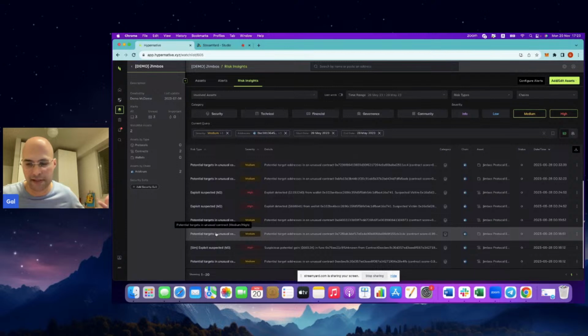We treat this problem very similarly to how we would treat malware or an antivirus solution on our personal computer. Hypernative today analyzes every smart contract that is created on chain. Based on this analysis, we can say if this is an attack contract, and if it is, who it is going to attack, and whether it relates to you as a protocol or to your contracts.